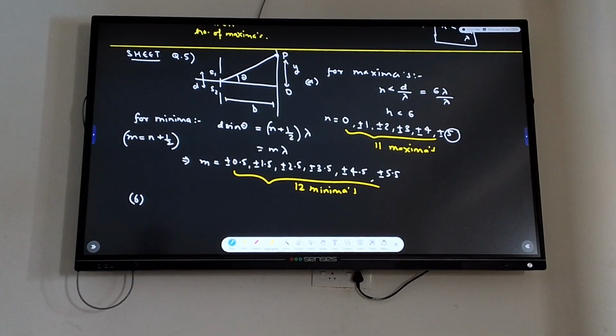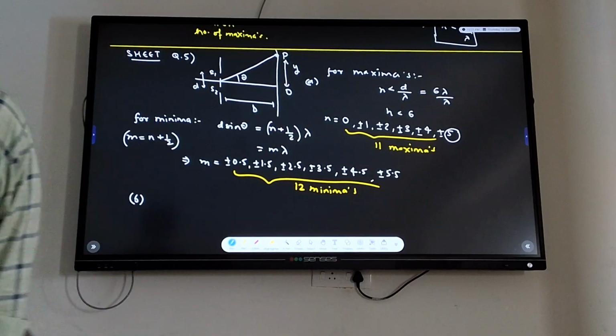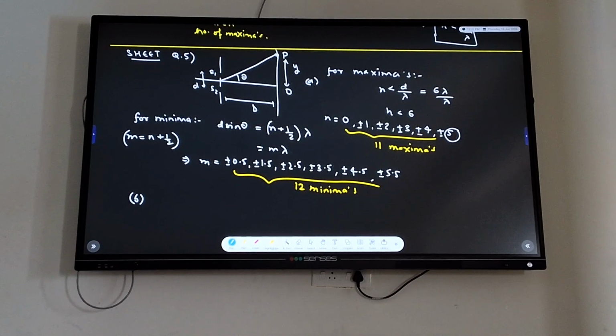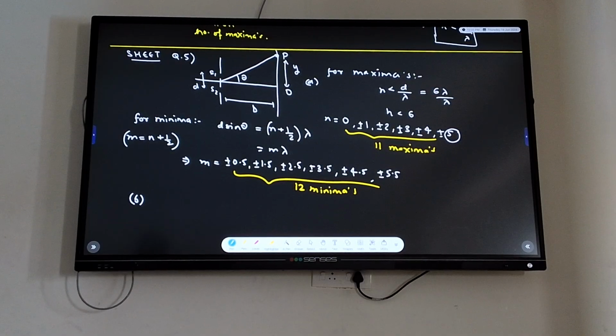Your answer will be up to D at least, capital D, because capital D is not mentioned. D by? Incorrect.